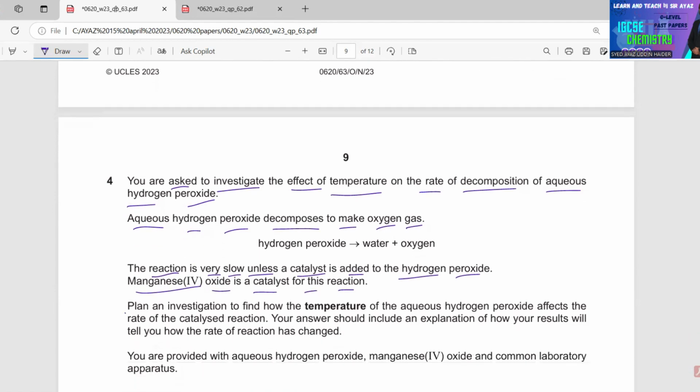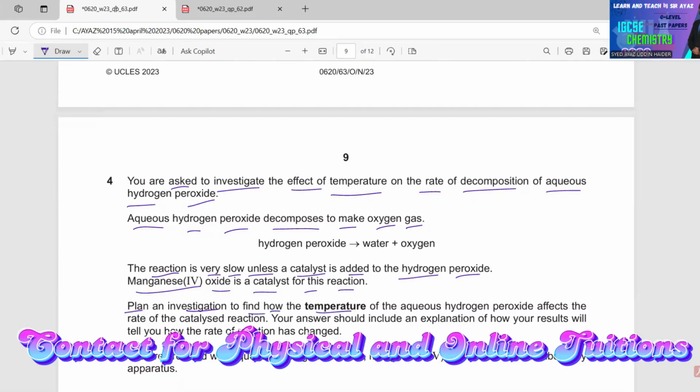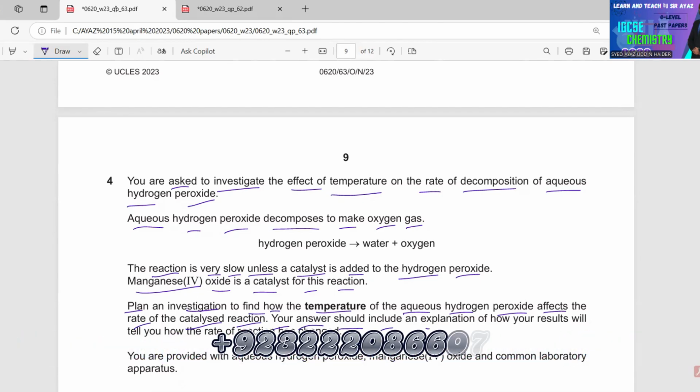Plan an investigation to find how the temperature of the aqueous hydrogen peroxide affects the rate of the catalyzed reaction. Your answer should include an explanation of how your results will tell you how the rate of reaction has changed.